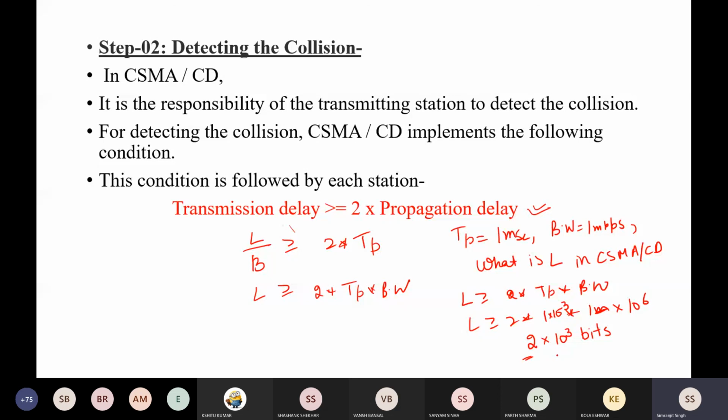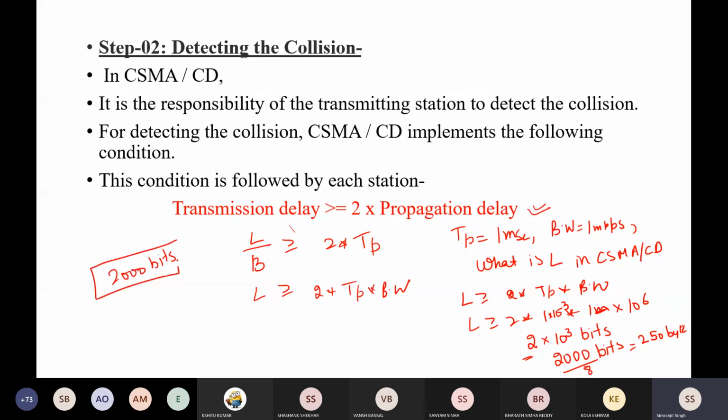It means you require the length of the packet to be 2000 bits. If you want to find it in bytes, divide by 8, so it will be 250 bytes.